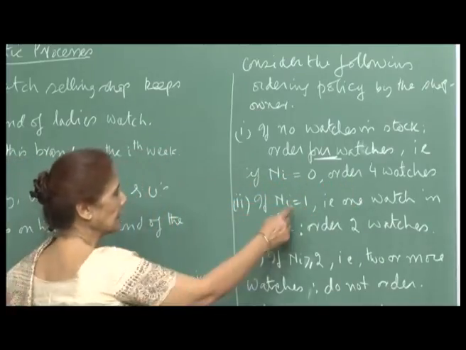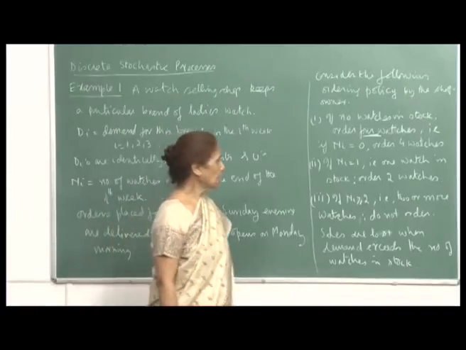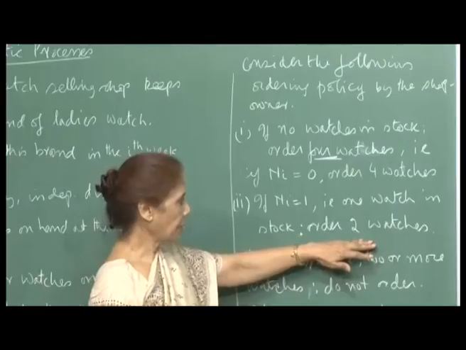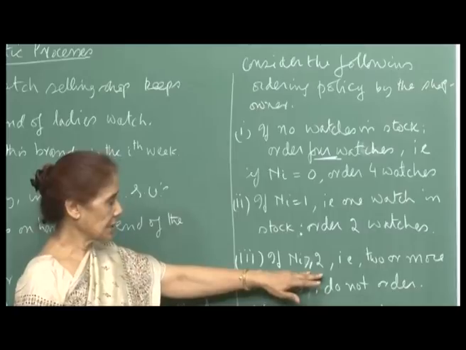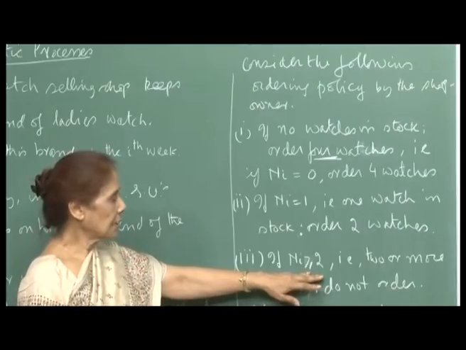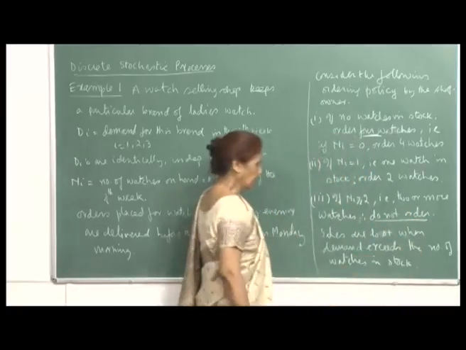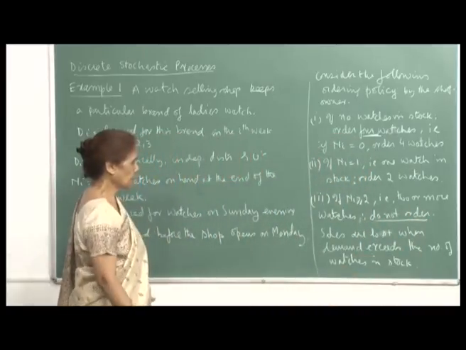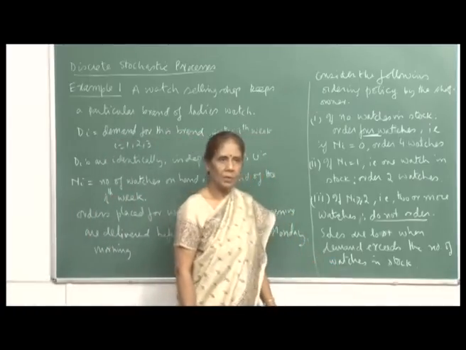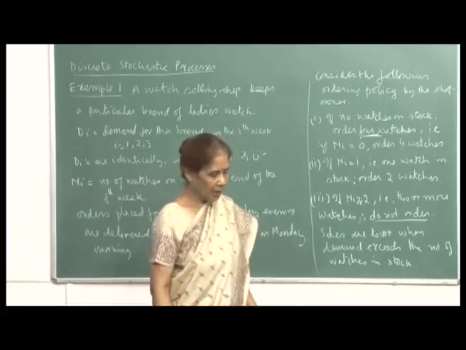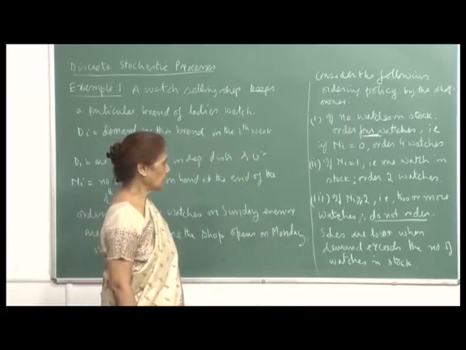If Ni is 1, that means if he has 1 watch at the end of the week in stock, then he will order 2 watches. And finally, if he has 2 or more watches left over by the end of the week, then he will not order any. So, this is his policy. And of course, sales are lost when the demand exceeds the number of watches in stock. So, if there is more demand and you do not have that many watches, then you lose those sales.